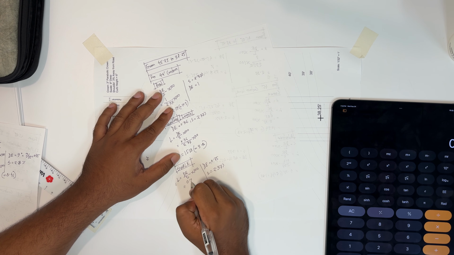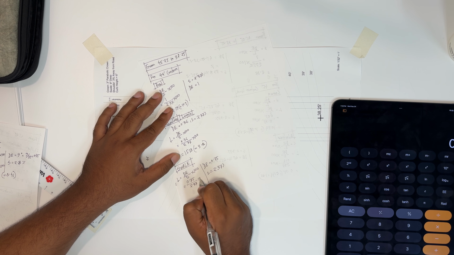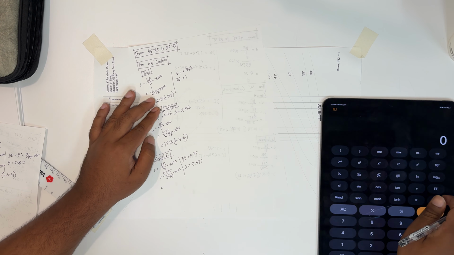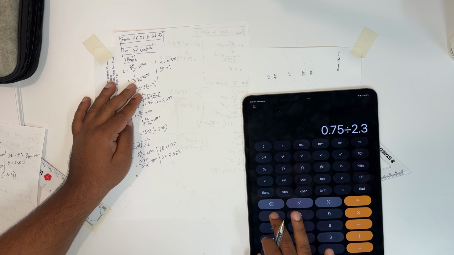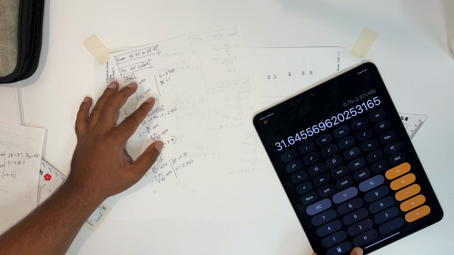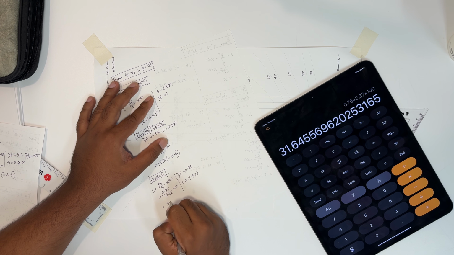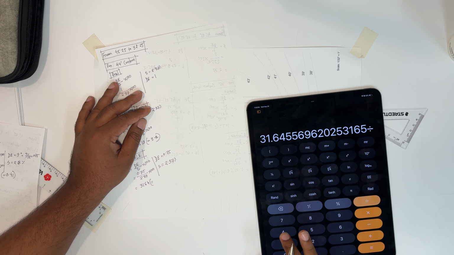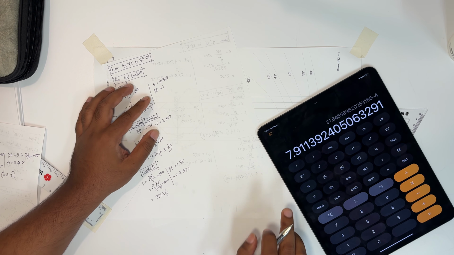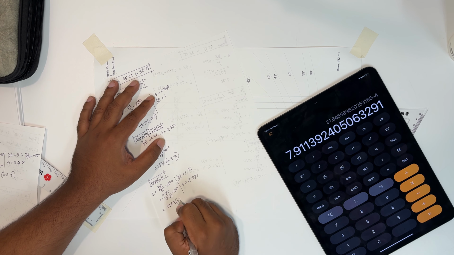Which is 0.75 divided by 2.37 into 100. That is 31.64. So let's divide that by 4 for the drawing. 7.91.